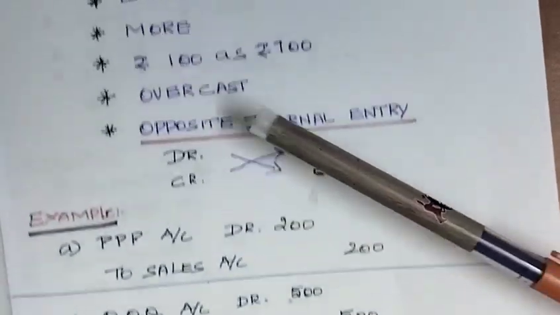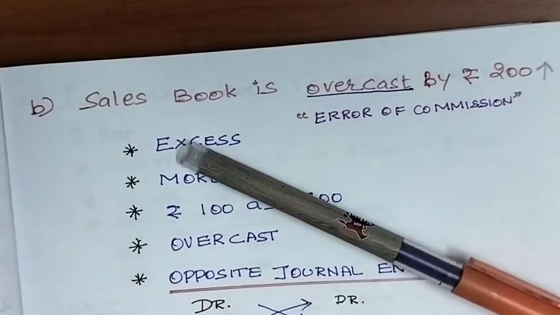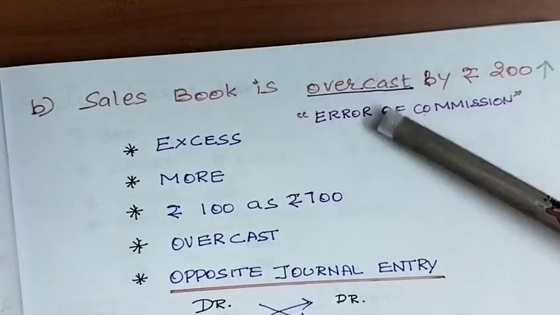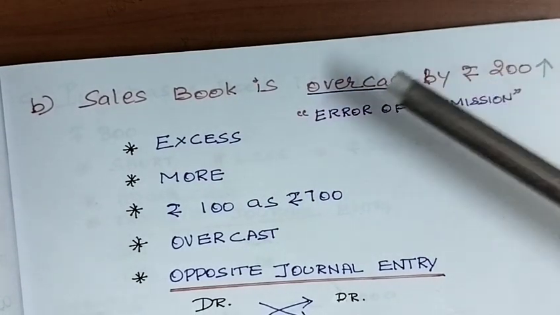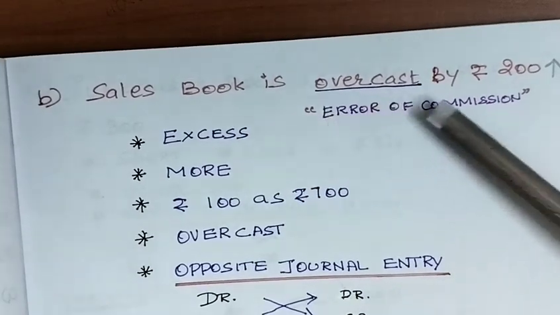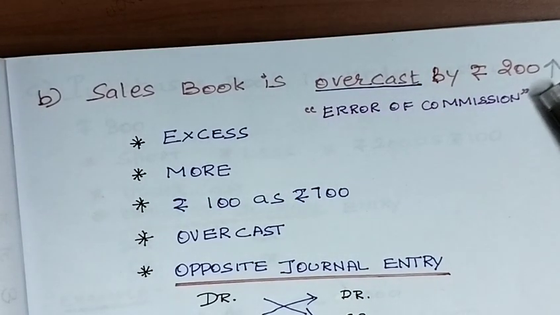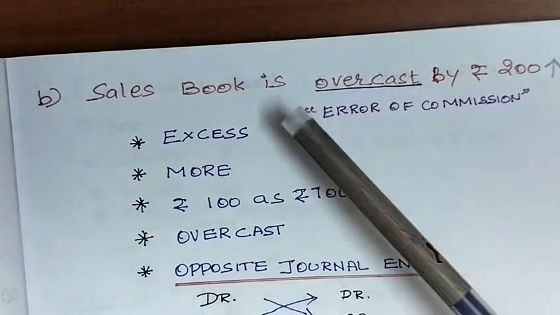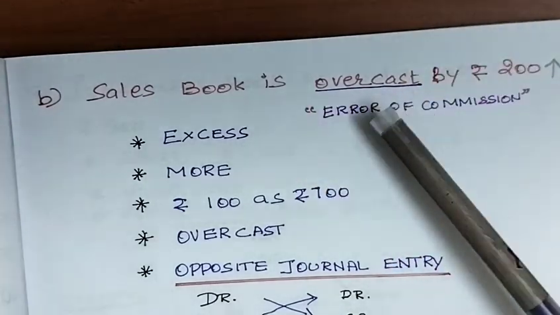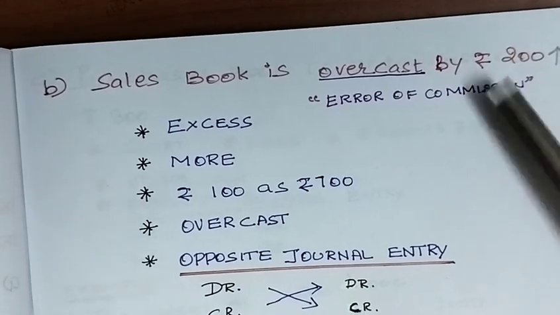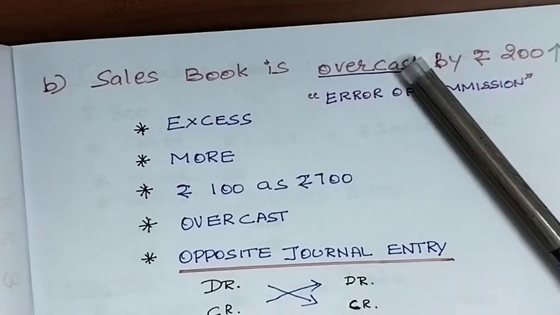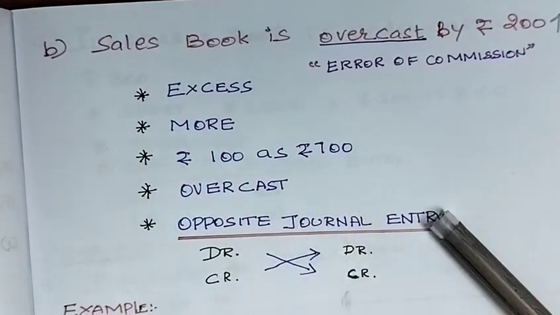Listen carefully. What is the question here? Sales book is over cost by rupees 200. That means sales book shows 200 rupees increased. This is the error. What kind of error? Error of commission. How do we rectify it? Over cost means we should follow the opposite journal entry.